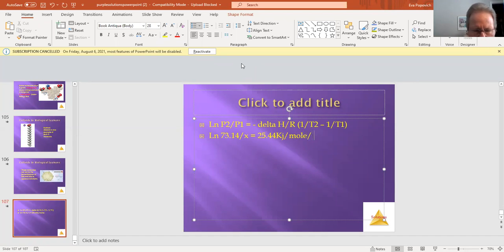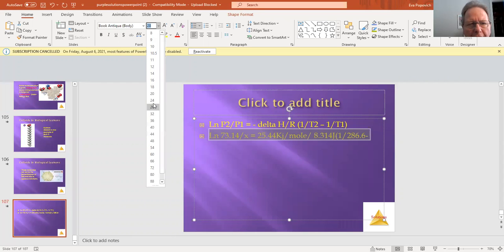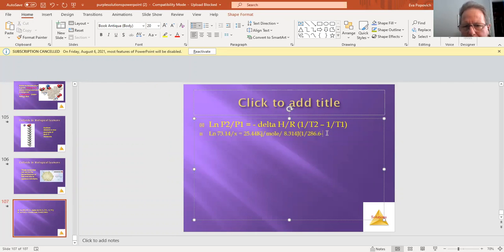My R is 8.314 joules times 1 over 286.6 minus... Okay, can I move this thing down a little bit? I've got to reduce the thing to make it readable.